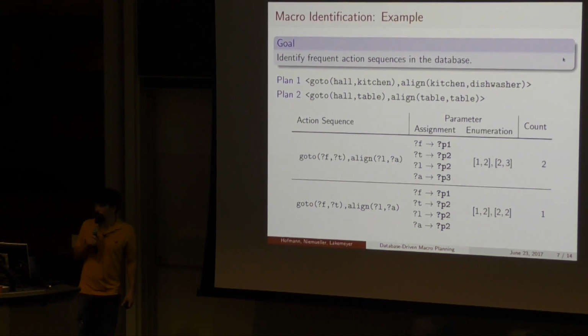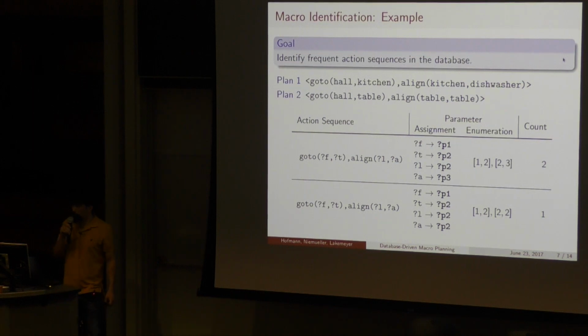Is the average length of the macros that you learned short? In this evaluation, yeah. We only used macros of length 2. So in the robotics domains, you might have numbers. Would that affect the way in which you compute the macros? You don't have numbers on the action descriptions? No, we don't.